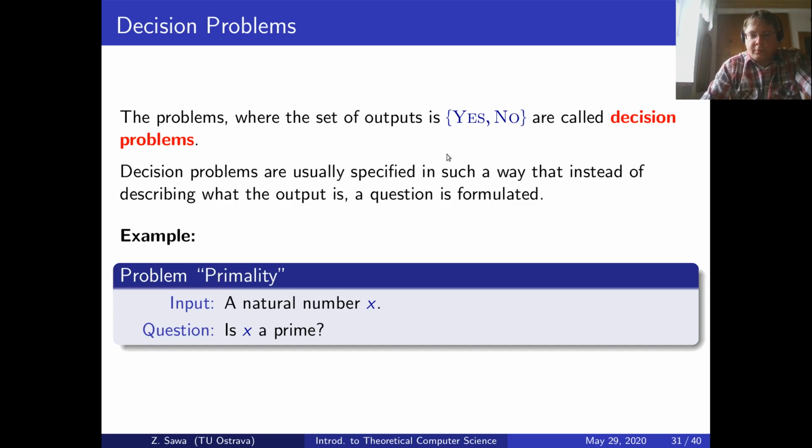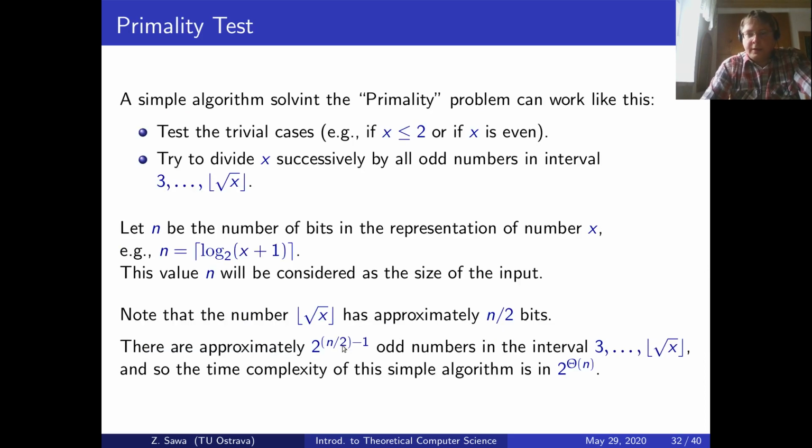Using this kind of formulation, it could be represented like this: the input is a natural number and the question is, is x a prime? There are some very trivial algorithms that can solve it.